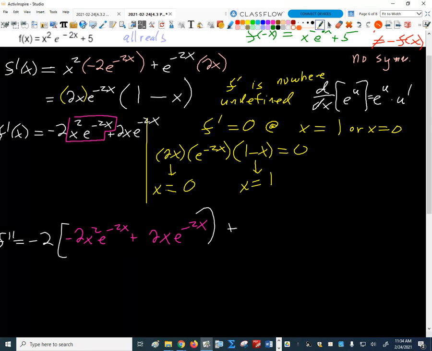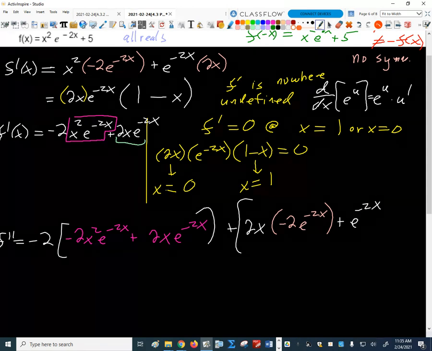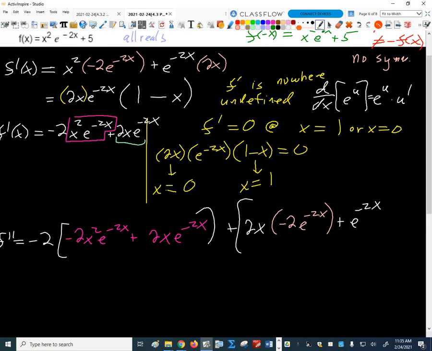Plus, now I've got to differentiate that part right there, don't I? So we'll just do the same thing that we did the first time. We're going to use the product rule, aren't we? So we're going to get 2x times the derivative of e to the negative 2x, which was just that stuff right there. We already did that work, didn't we? We'll recycle it here. Plus e to the negative 2x times the derivative of 2x, which is 2.